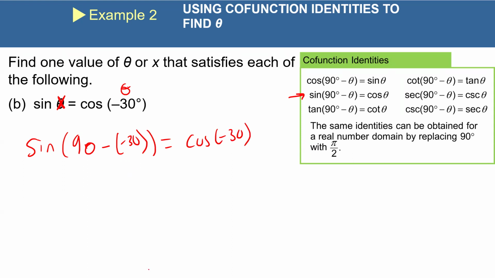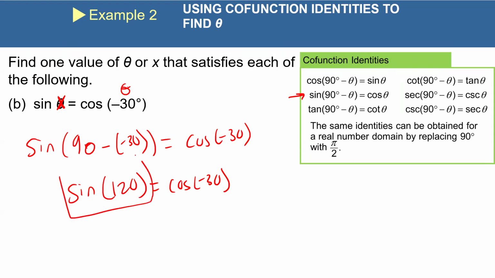So what would that value be? A negative times a negative is a positive. So it becomes sine of 120 equals cosine of negative 30. So your angle would be 120. How do we feel about this with degrees?